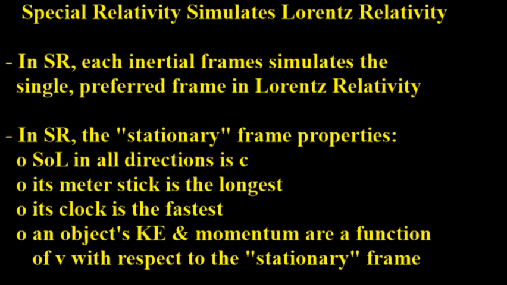Lorentz developed a Lorentz ether theory in the late 1800s, and the top conceptual layer of Lorentz ether theory was Lorentz relativity. In Lorentz relativity, you have absolute velocity with respect to a single preferred frame, which Lorentz thought was the rest frame of the ether.